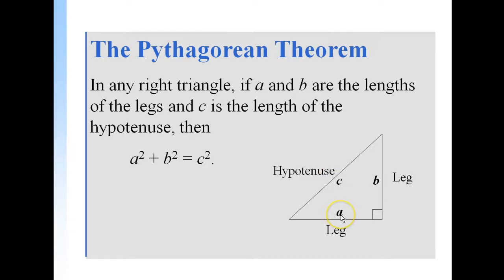The legs are usually referred to by the letters A and B, and the hypotenuse by C. And basically the theorem states that if you square A and square B, that is equal to the square of C. And there it is right there.